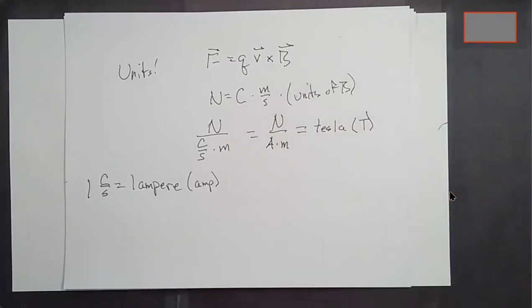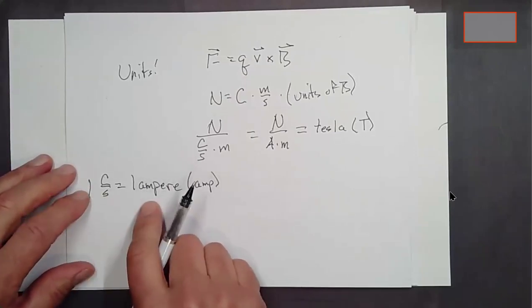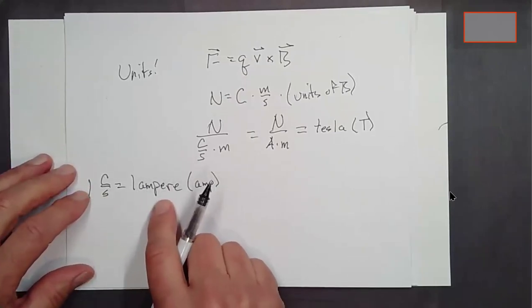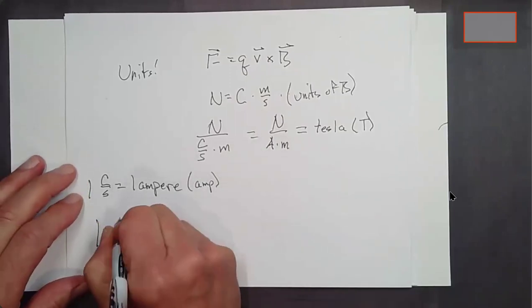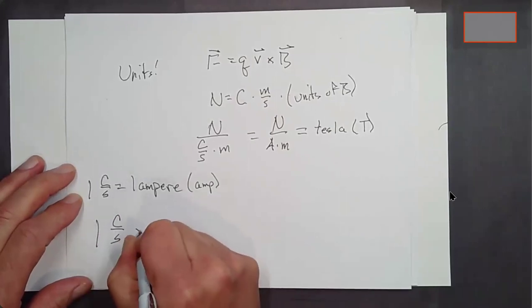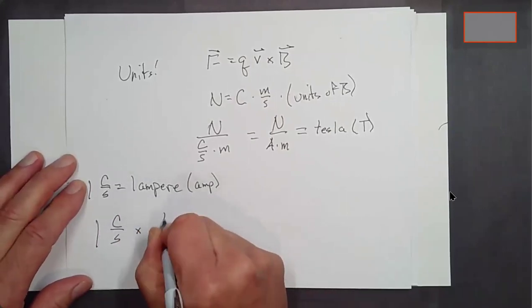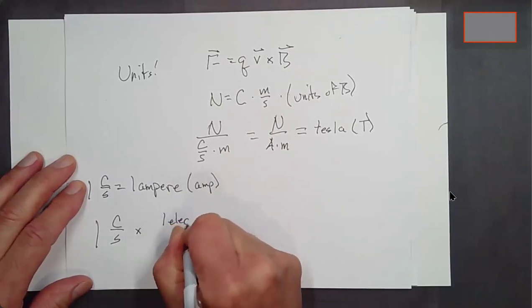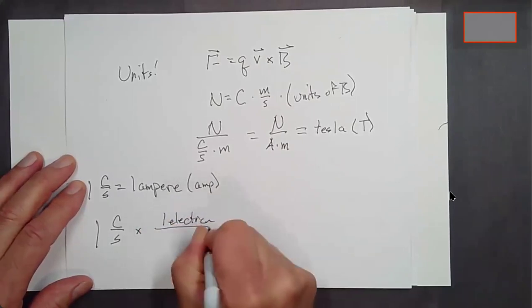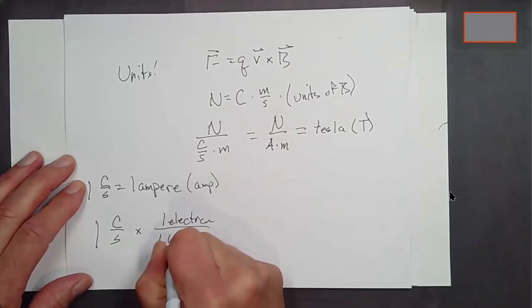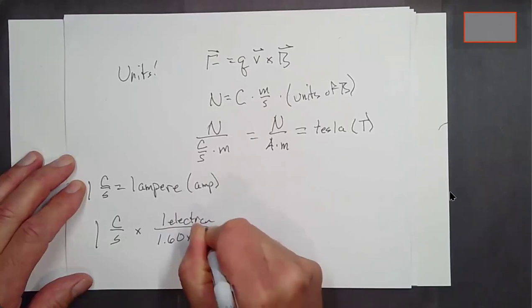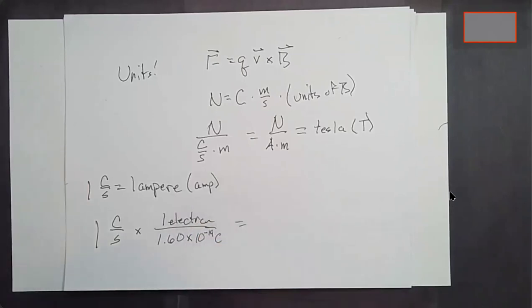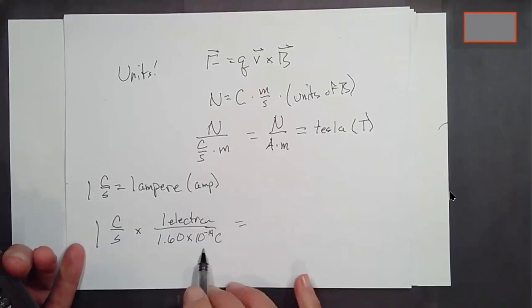As far as talking about a coulomb per second being an ampere, I want to illustrate something. 1 coulomb per second, if I multiply that by 1 electron having a charge of 1.60 times 10 to the minus 19th coulombs, we can figure out how many electrons per second there are in a coulomb. And basically, I'm just taking the reciprocal of that thing.